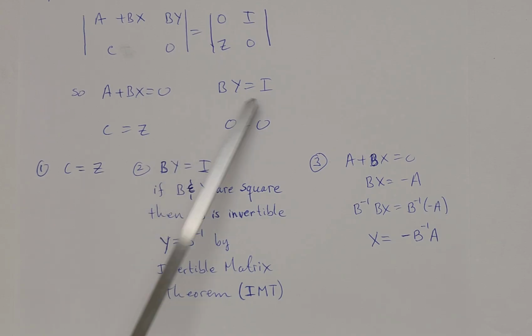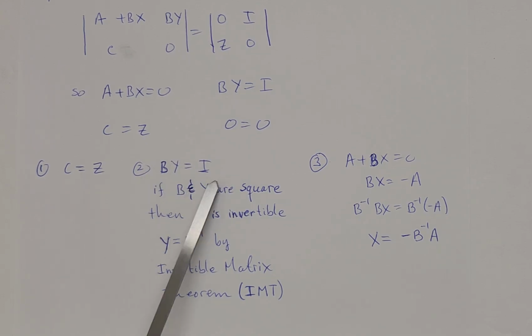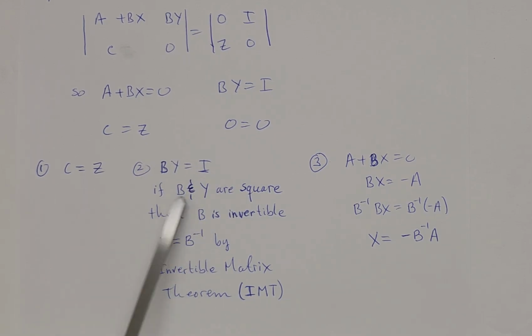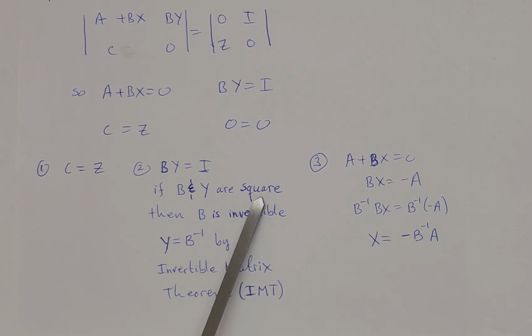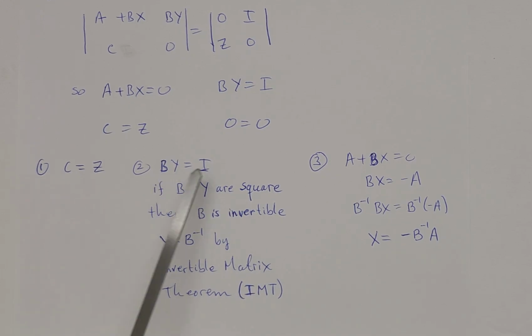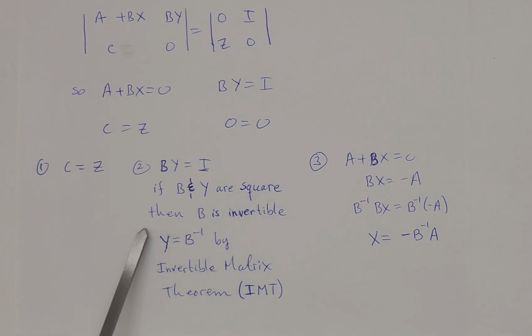Next, we have BY equals I. Now, if B and Y are square matrices, meaning they have the same dimension, then B is invertible. So we can bring the B over to the right side and it becomes the inverse. That is based on the invertible matrix theorem. So it has to be square.